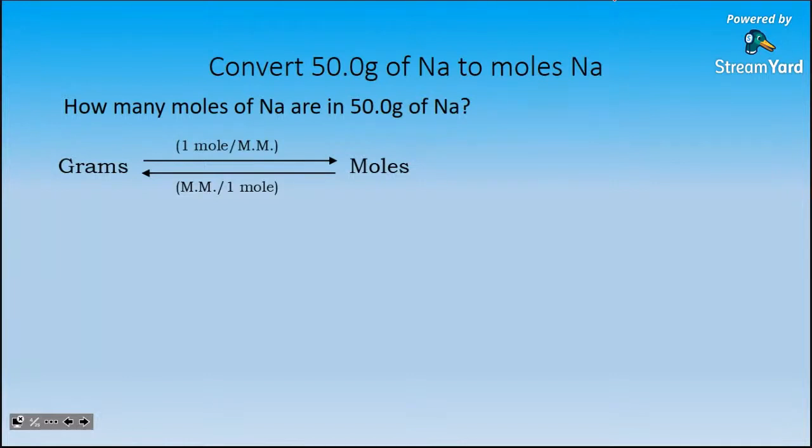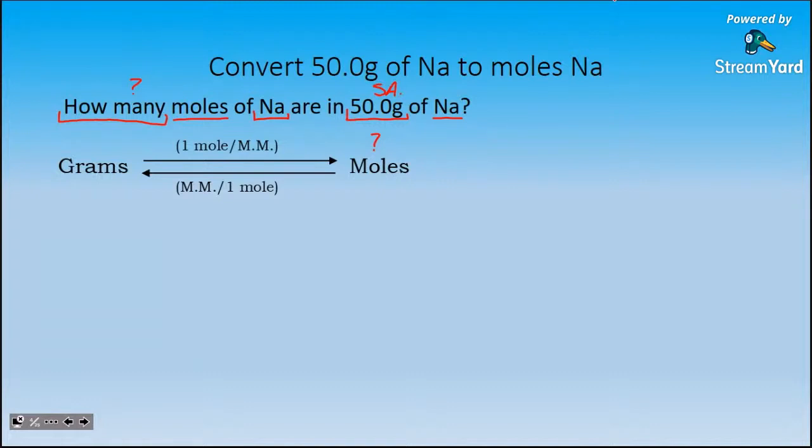It asks how many moles, so how many is a question, and it's referring to moles. So automatically I know that moles are what I'm solving for. And it says of Na, so here is a substance, are in 50.0 grams of that sodium. So that 50 grams is what I refer to as the starting amount.